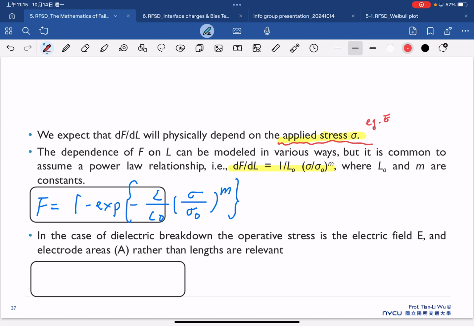We are interested in dielectric breakdown, and the stress here is the electric field. Also, the electrode area is A rather than a relevant length. In the previous case we used the length, but now we consider dielectric breakdown.